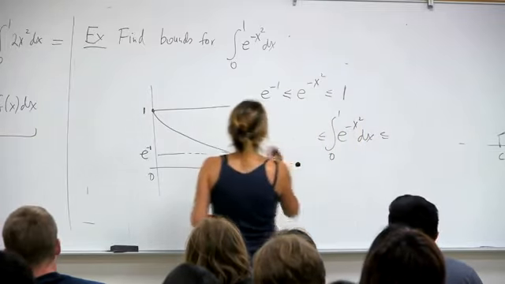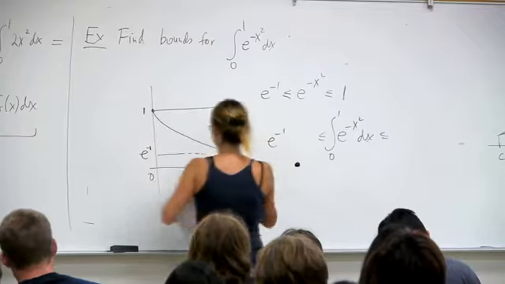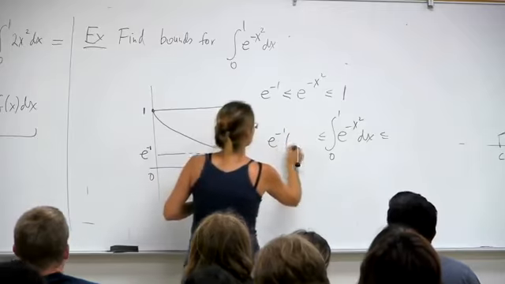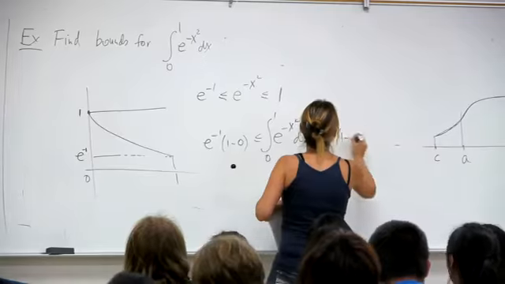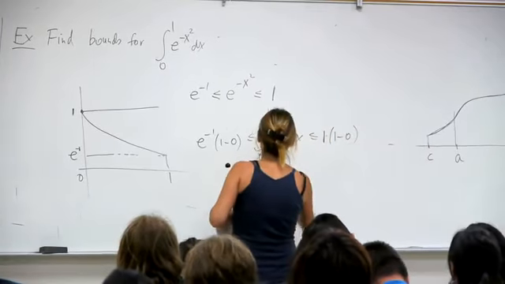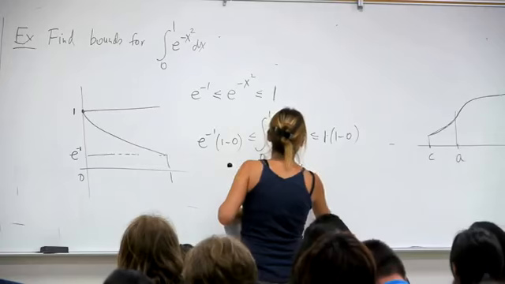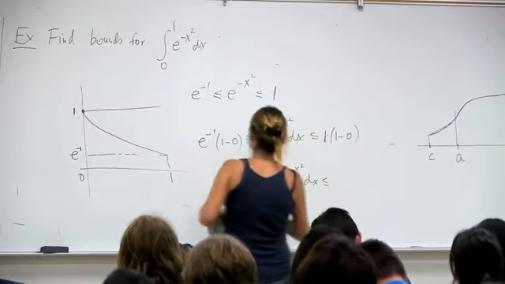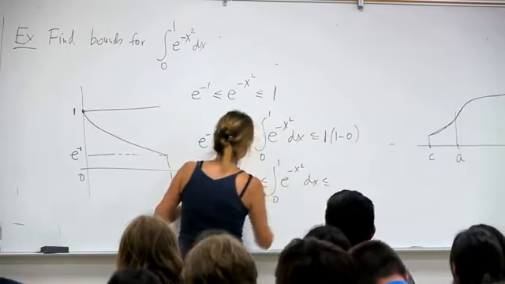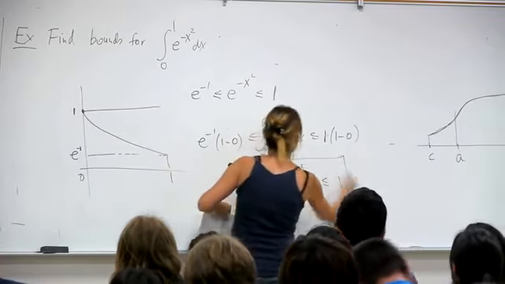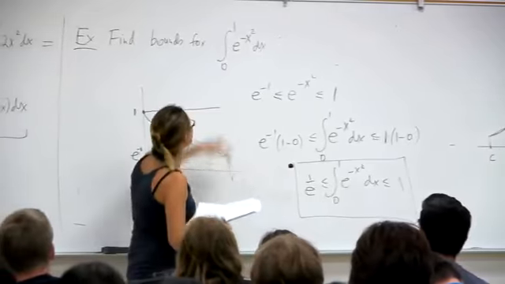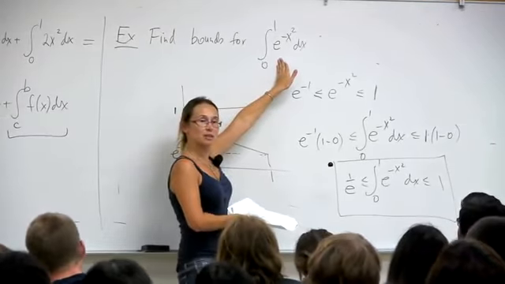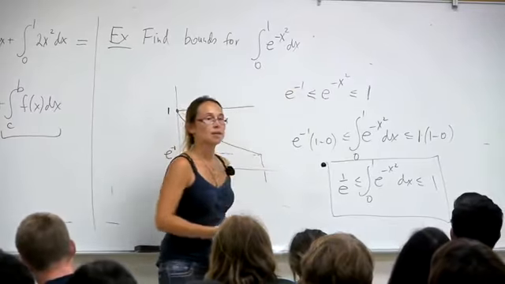On the left, I'm going to have e to the minus 1 times (1 minus 0). And on the right, I have 1. So to conclude, I know that this integral is between 1 over e and 1. And this is much more information than I get by just looking at this, right? Thank you very much.